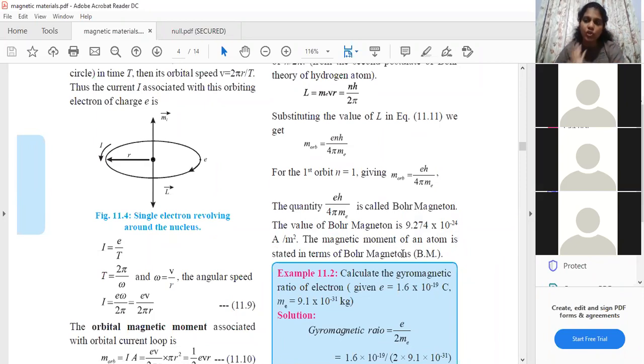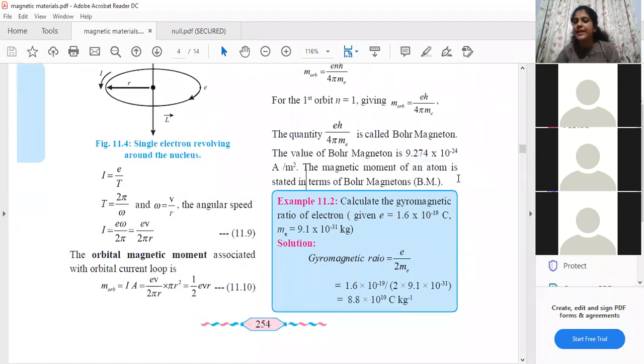One Bohr magneton is 9.274 into 10 raised to minus 24 ampere meter square. It is represented as Bm. You should know this because sometimes in numericals they will ask you to find the magnetic moment in Bohr magneton.